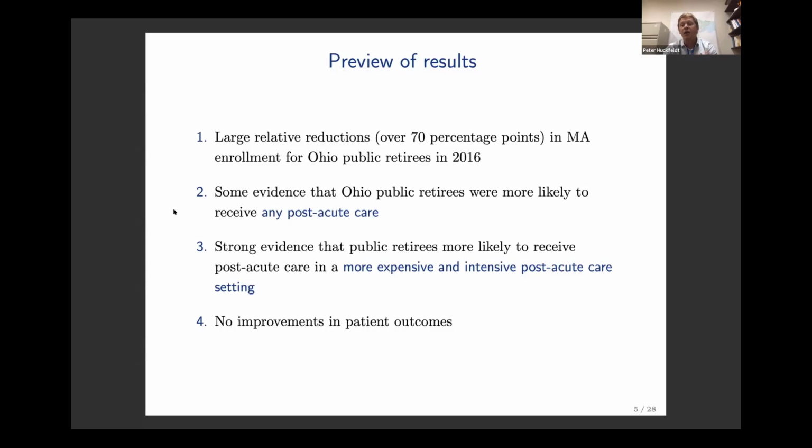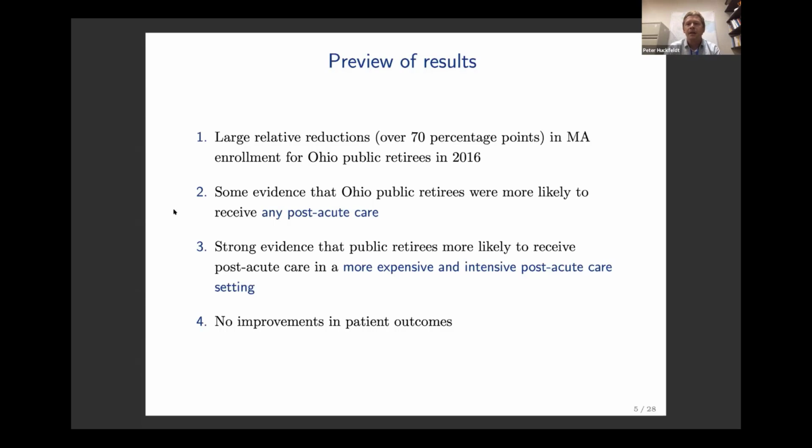And we find stronger evidence that if you receive post-acute care under traditional Medicare, you were more likely to receive it in a more expensive and intensive post-acute care setting, which I'll go through. But we found little evidence that this led to any improvement in the patient outcomes we're able to look at.